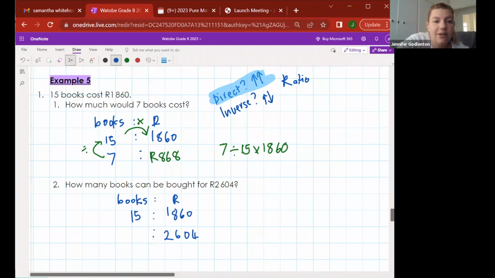We got the 7 from the question. The question said how much would 7 books cost? So we put that 7 over there under the books.